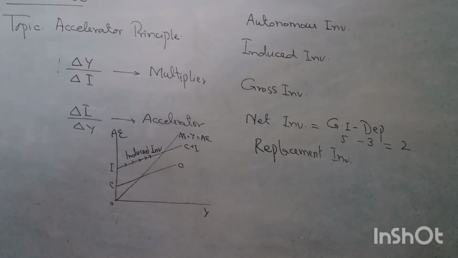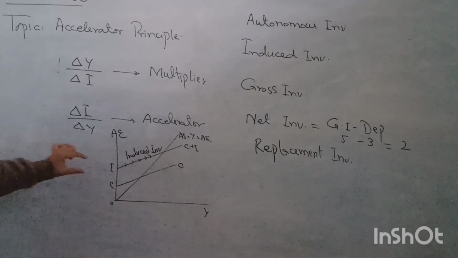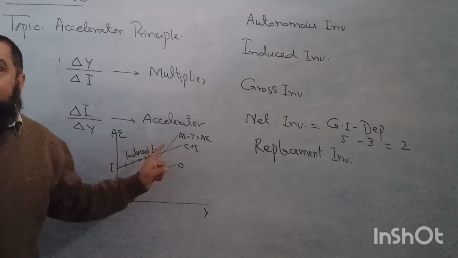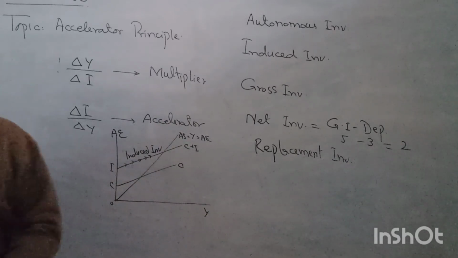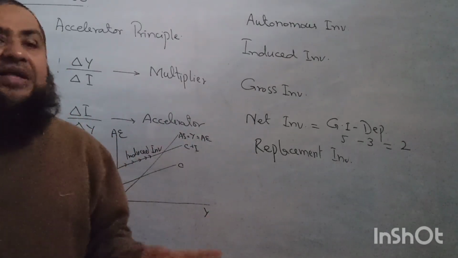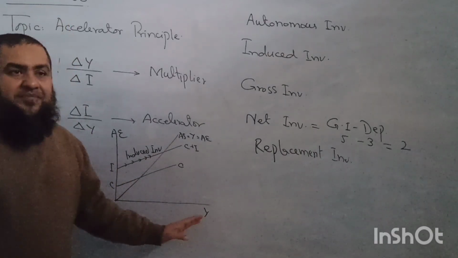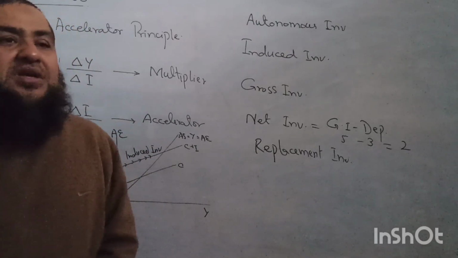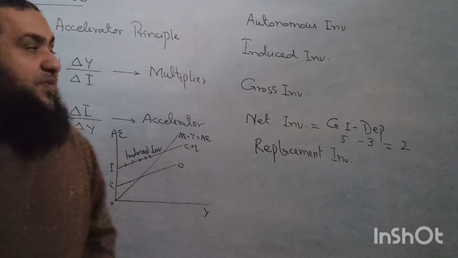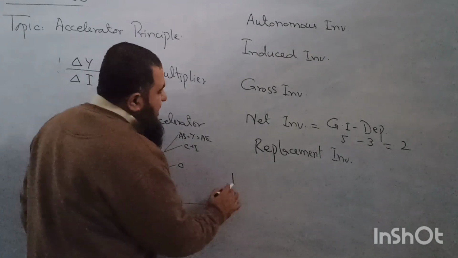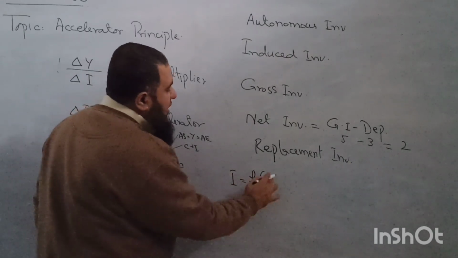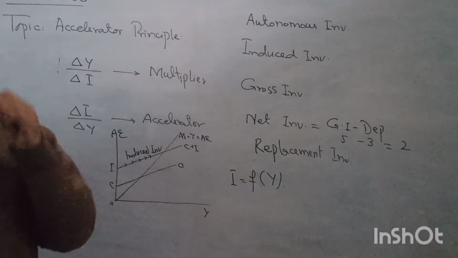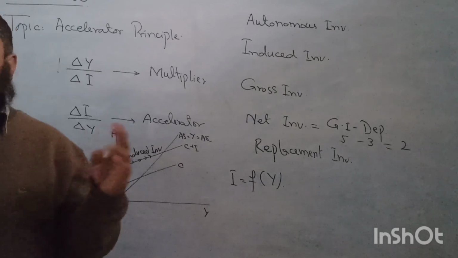Autonomous means which is independent of level of national income. This is autonomous investment. But the movement along this line is showing us induced investment. When investment is determined by the level of increase in national income, that is called induced investment. So can I say now investment is the function of national income? In our previous topic of investment determinants, we said investment was determined by the rate of interest.